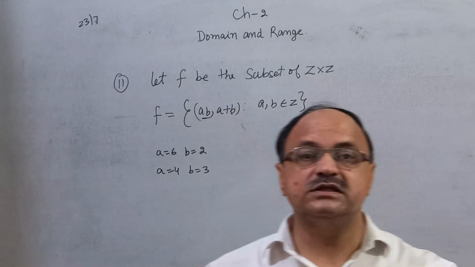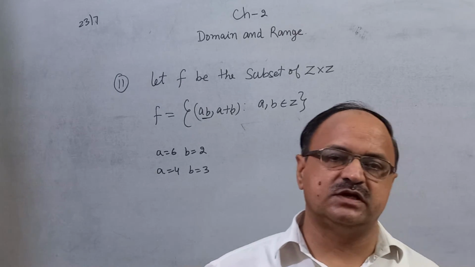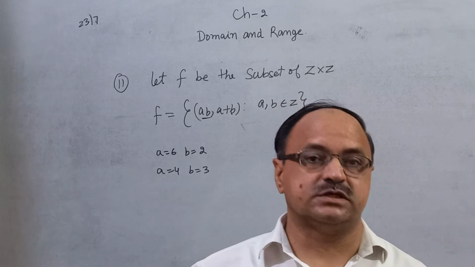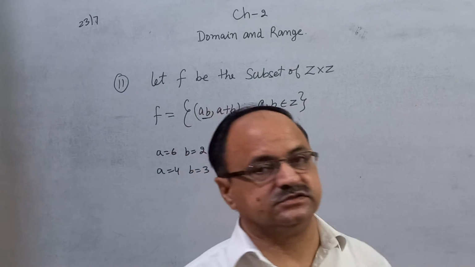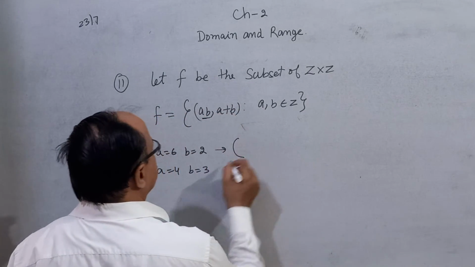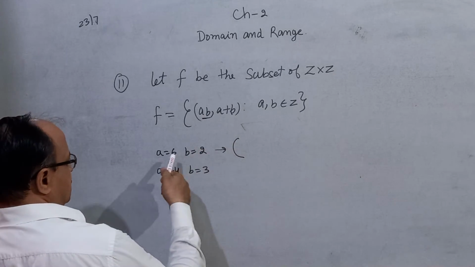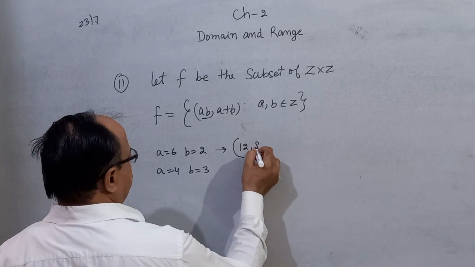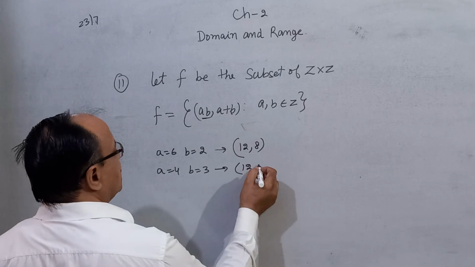You can take many other examples, but they should be integers, because f is a subset of Z cross Z. Now put these values in the ordered pair: 12 and 6 plus 2, 8. Here 12 and 7.